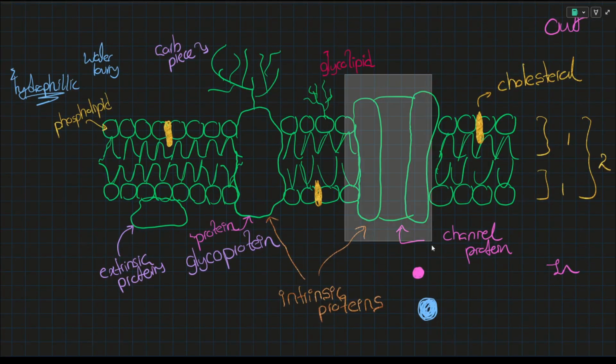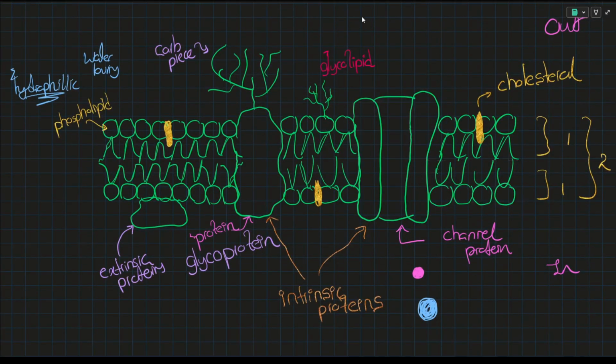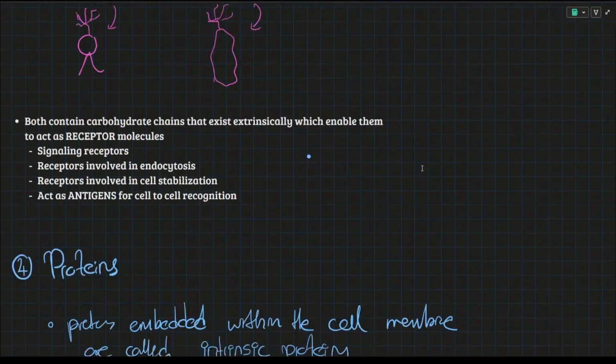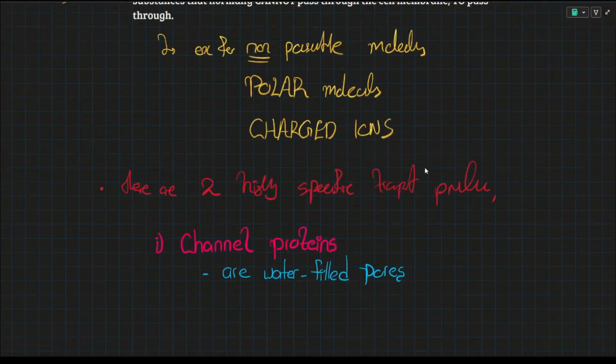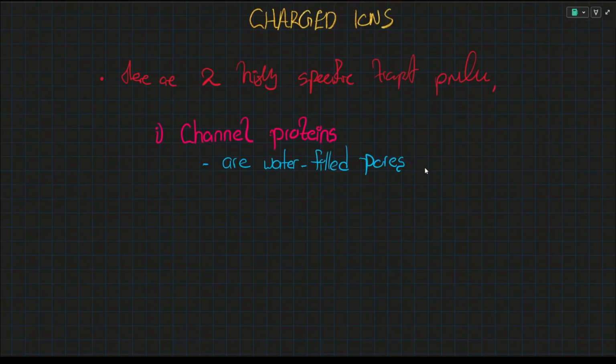See, this is basically a water-filled pore. If you want a 3D structure and a better understanding, Google's always your friend. Give it a small search of a 3D structure and you'll have an even better idea of what a channel protein is and what it does.